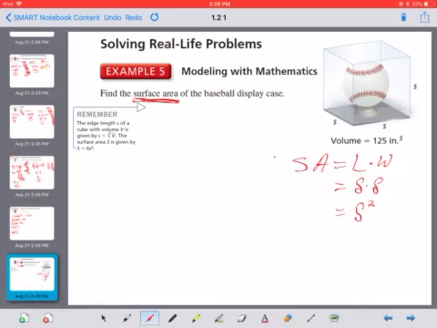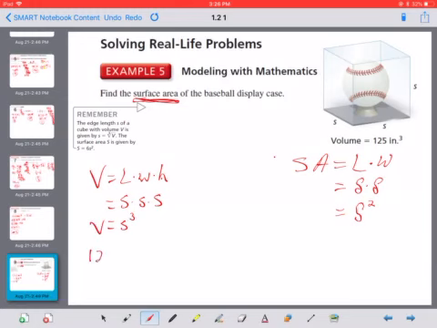I need the value of a side. I know the volume, and it's in cubic inches. I know that volume equals length times width times height, 3 different ways. For us, this is a cube, a square cube, so that's side times side times side, just side cubed.